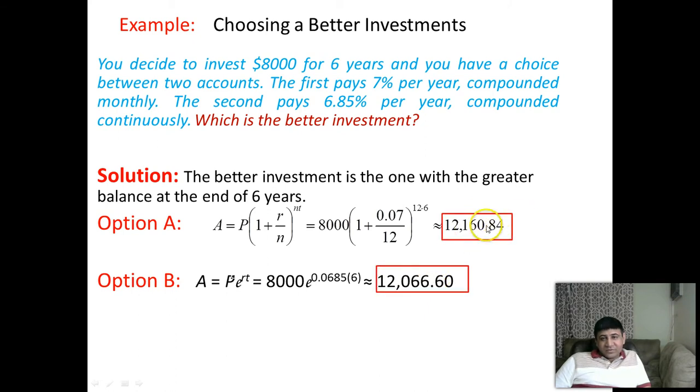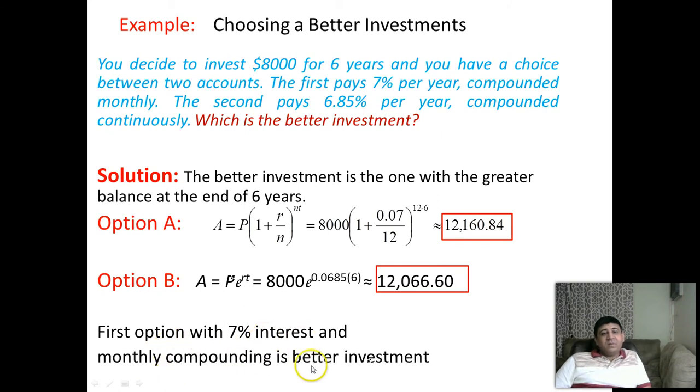Of course the first option is better. The first option with 7% interest and monthly compounding is a better investment because it gives us more money at the end. We are investing to increase it to the maximum. Since this one gives us more money, we will go with this option. So that's the better investment.